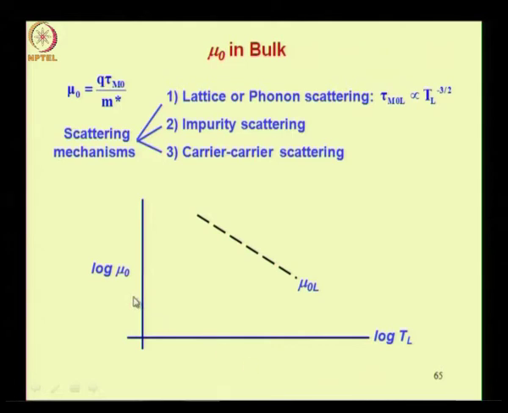Now since the relation between mu naught and TL is a power law, we have chosen a log mu naught versus log TL axis, because on such a choice of axis the behavior would appear as a straight line.